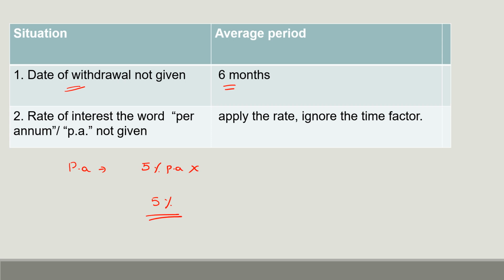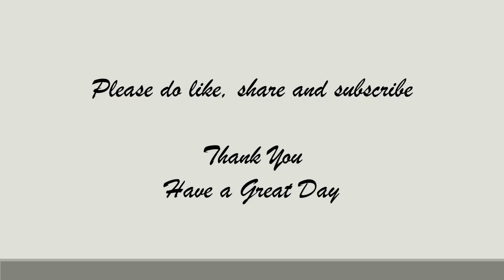So this is how we calculate when the drawings are a fixed amount and withdrawn at a normal fixed interval. I hope with this the concept of interest on drawing calculation, when the drawings are made of uniform amount at regular interval, is very clear.